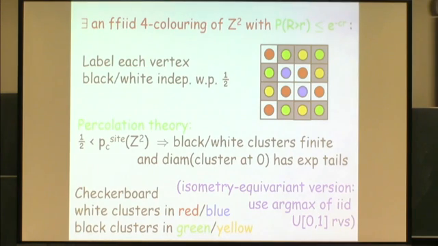So one easy way to do that is, in addition to these black and white labels that I start with, for every vertex of Z2, I choose an independent uniform 0, 1 random variable, independent of everything else. And then I look in my white cluster and I find the site with the largest uniform random variable, and I decide that that vertex is going to be red, and all the other sites in the cluster have to follow suit.